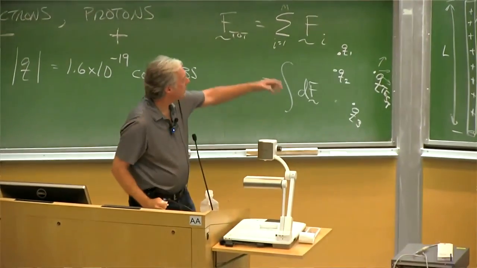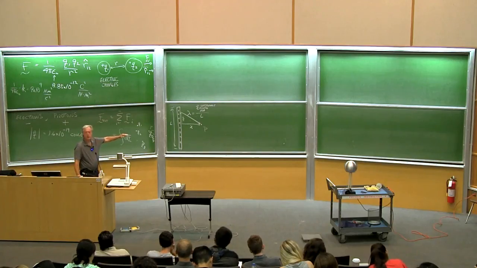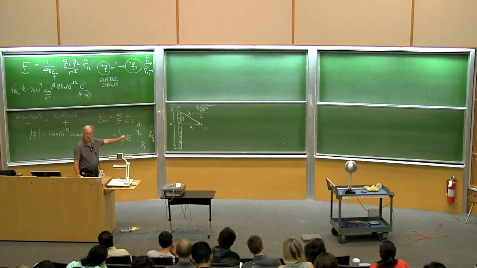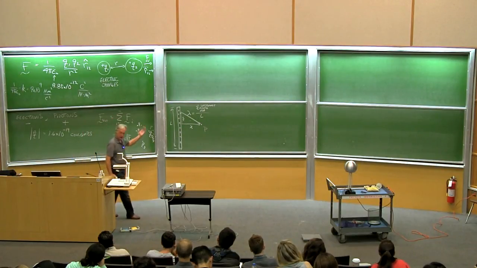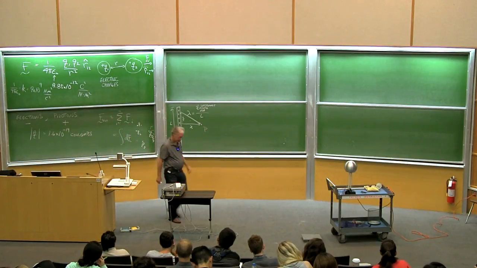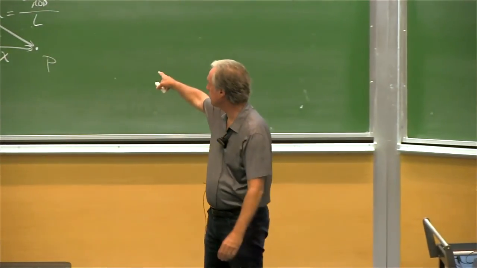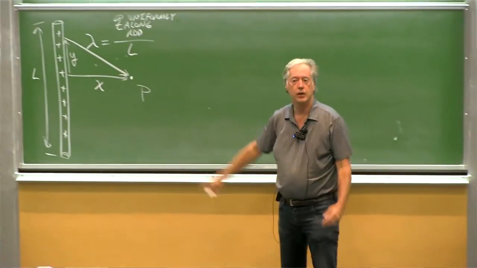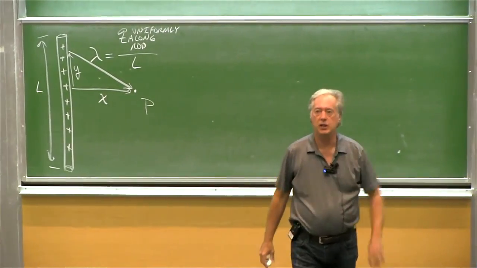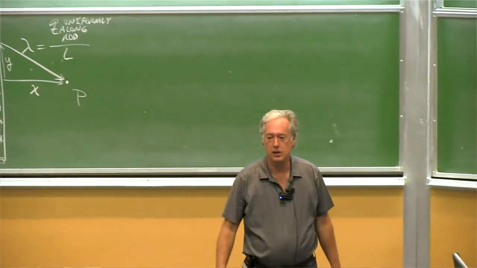So as y is 0, it's just that distance x out. But as y gets bigger in the plus direction going up, the separation of the charges increases. And if we want to find the total force at point P, we're going to have to add it up from each of the charges all along there.